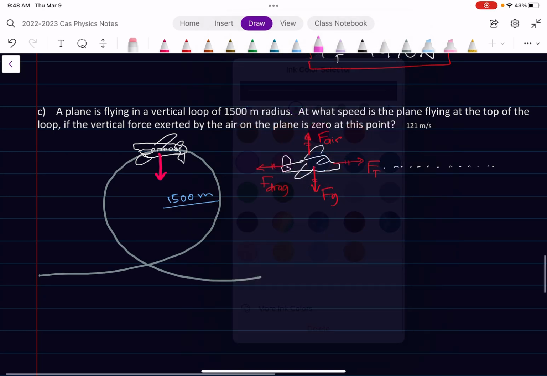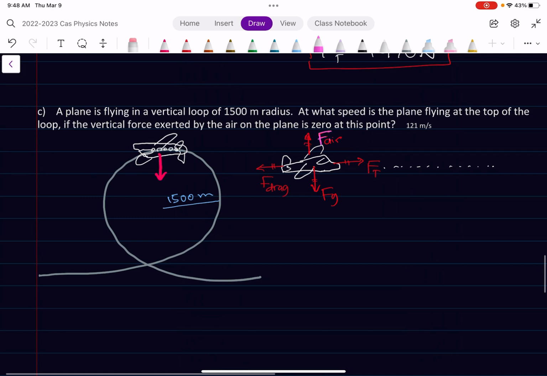So this force of the air increases, and then it's pointed towards the center of the circle. So what we're going to say is this is the force of the air that is unbalanced and allowing the plane to be accelerated towards the center of the circle. So the idea is they want the force of the air to be zero at that point.